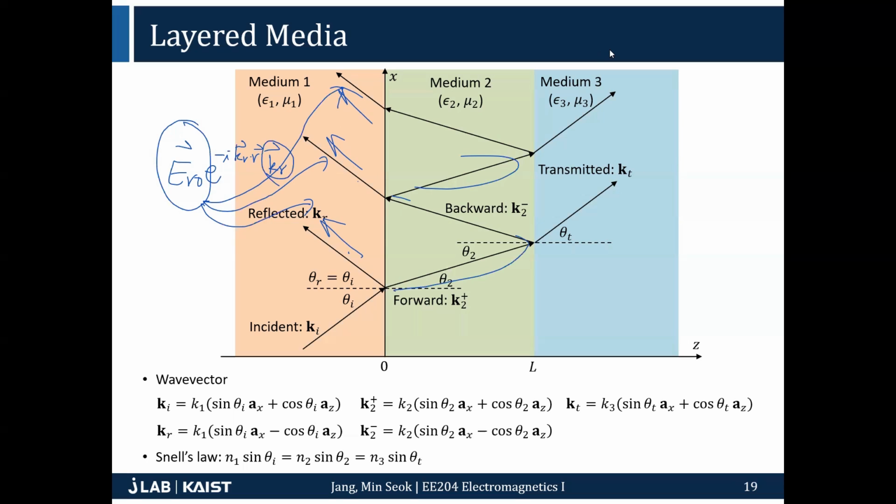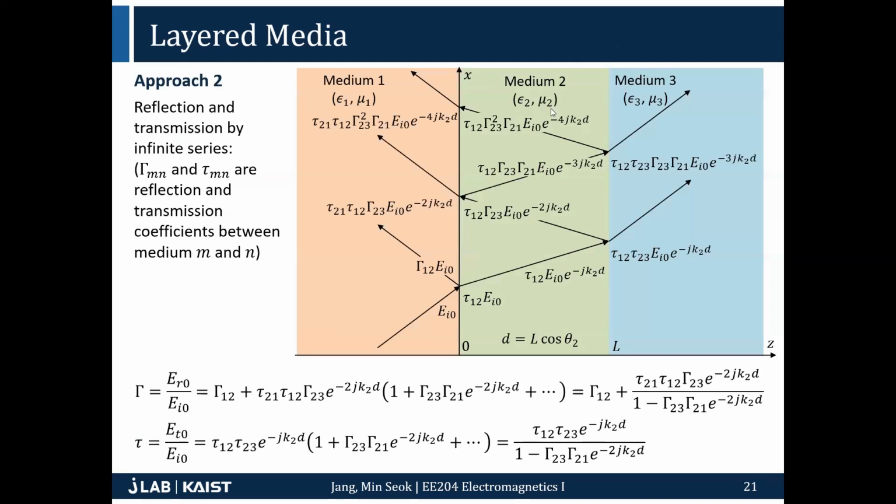And then the second method is this, okay? Here the second method just assumes you know the reflection and transmission coefficients at each boundary.